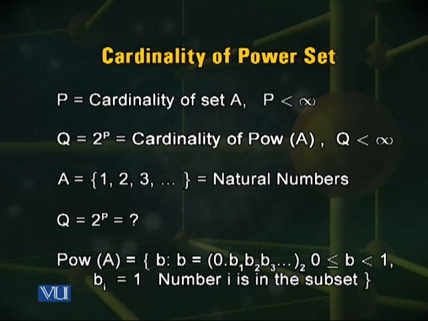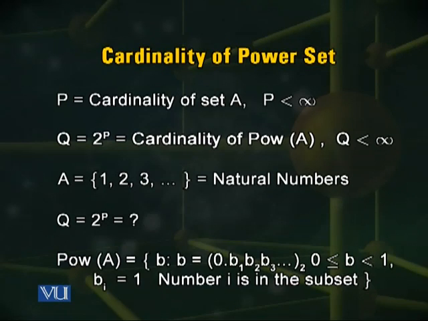And if they are considered to be digits of a binary decimal fractional number between 0 and 1, then any number between 0 and 1 can be represented as an infinite sequence of these binary digits B1, B2, where B1, B2 can either be 0 or 1.